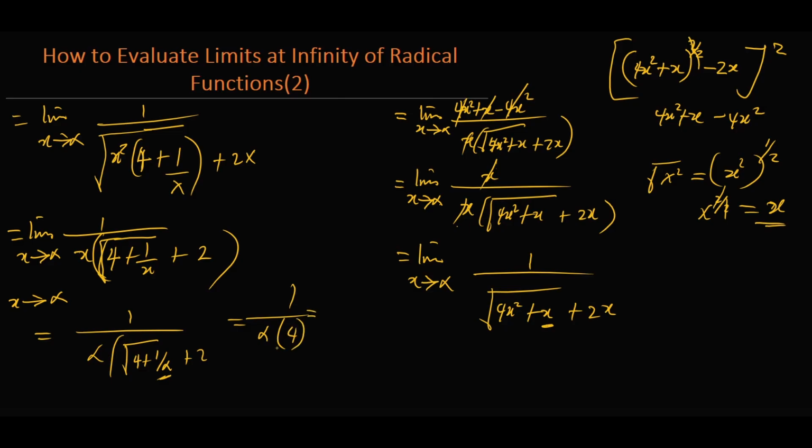So what we have eventually is 1 all over infinity, because infinity multiplied by 4 will give us infinity. So we have 1 all over infinity, which is equal to 0. This is the final answer.